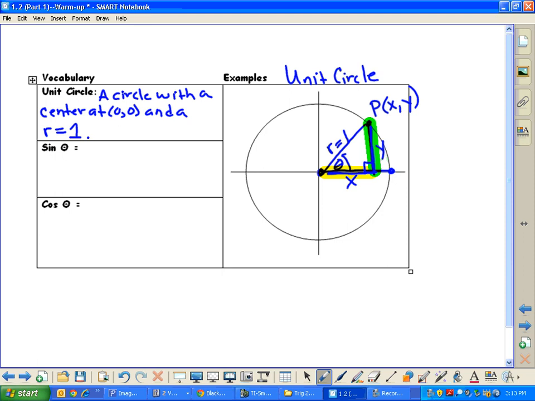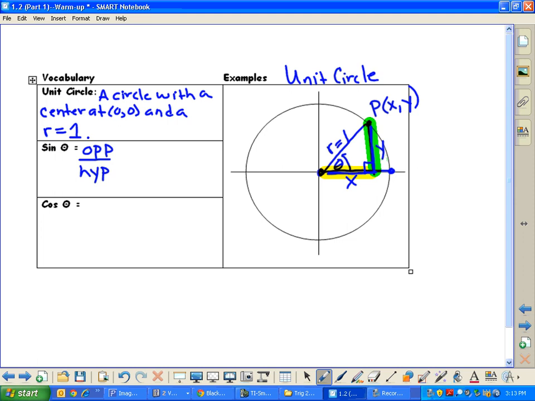So this is essentially a right triangle, and we've been working pretty steadily with right triangles lately with respect to SOHCAHTOA. I wanted you to develop new definitions for sine and cosine today within the context of your unit circle. In the past we said sine of theta is our opposite over our hypotenuse.